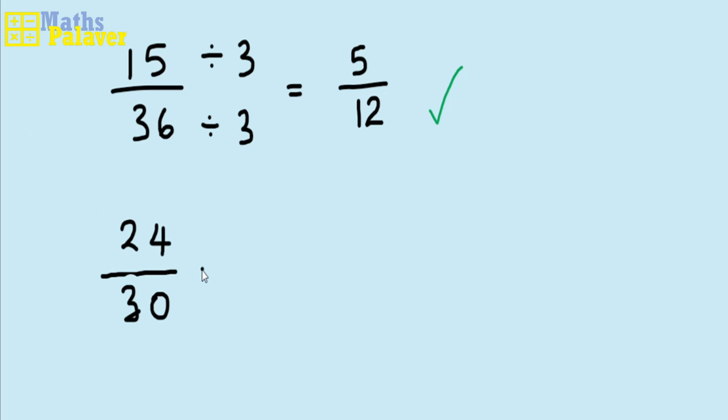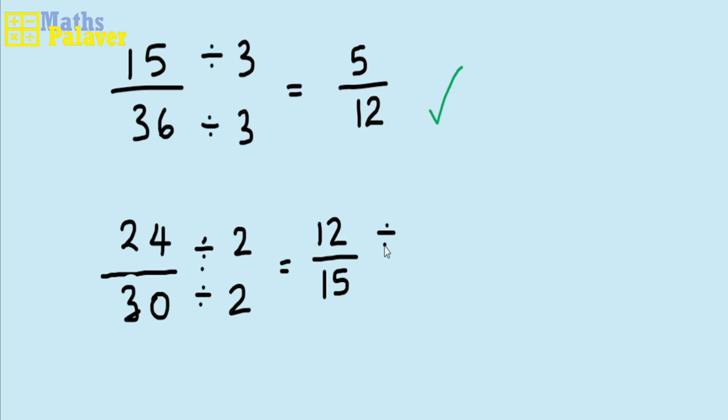Here's another example. 2 is a common factor of 24 and 30. So I divide both the top and the bottom numbers by 2. 24 divided by 2 is 12, and 30 divided by 2 is 15. Now, 2 is not a common factor of 12 and 15, but 3 is a common factor.